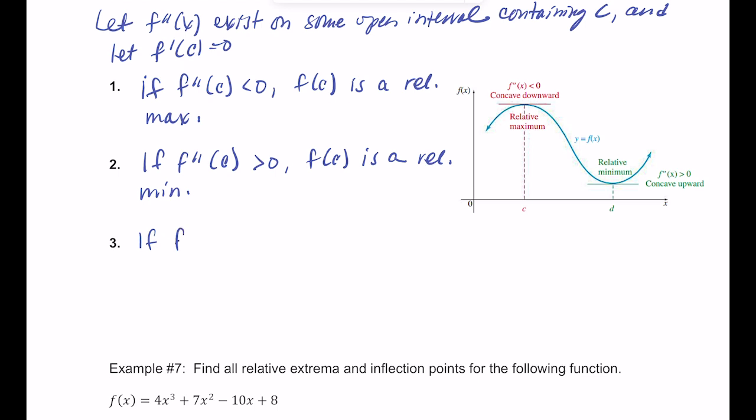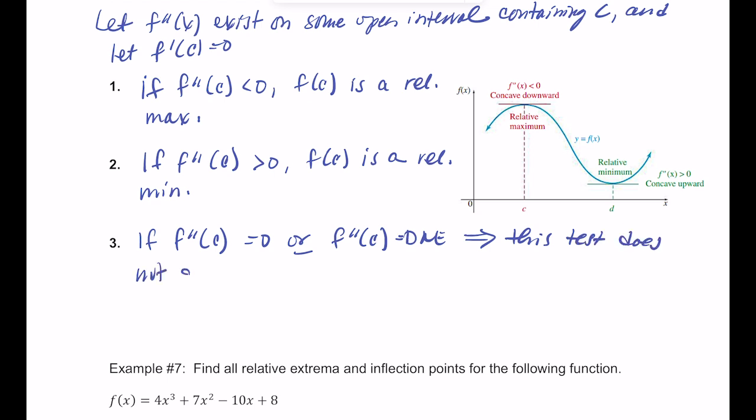And if f double prime of c equals 0, or f double prime of c does not exist, then that means this test doesn't give us any information about extrema. So that tells us then we need to use the first derivative test.